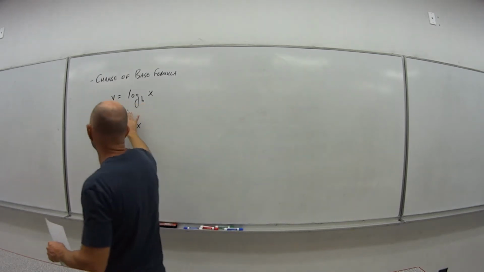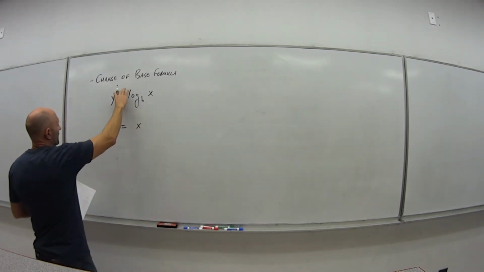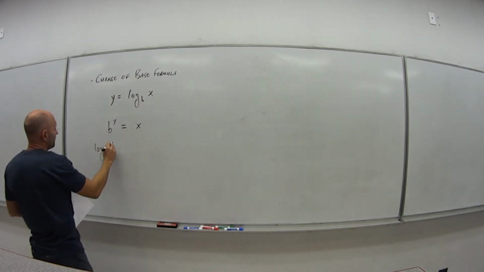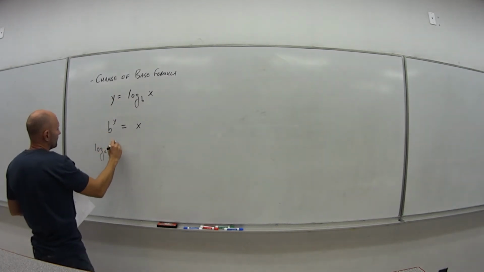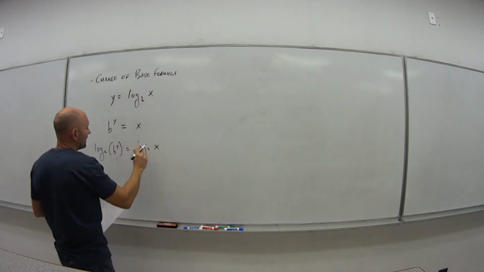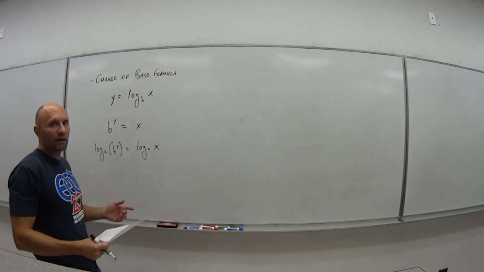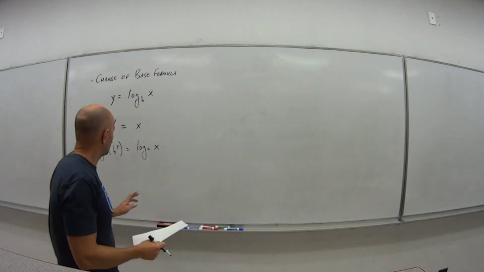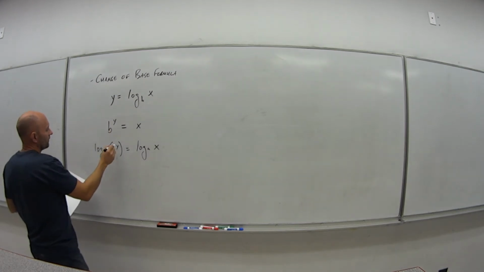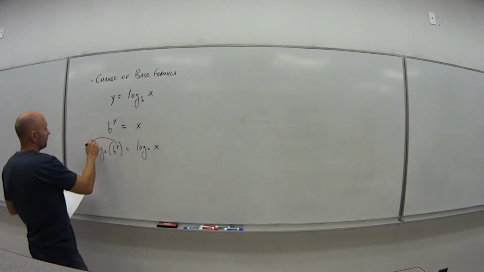I have this equation, which came from my original, but what I'm going to do is take log base a of both sides. So as long as I apply the same function on both sides of the equal sign, it's okay. Well, now, using my law of logs, I can bring this y out in front.